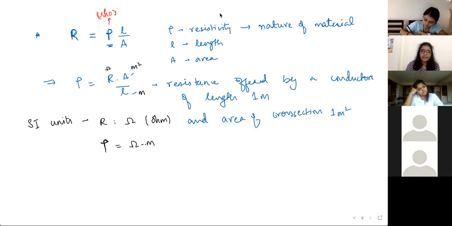Miss, in this, didn't something not have a unit? Yeah, that's exactly what I'm saying. There's something which does not have a unit. Even cell constant. Something with density. Current density.